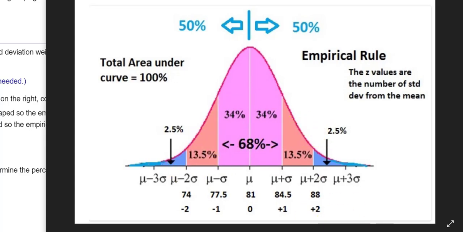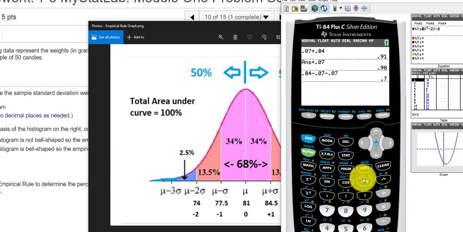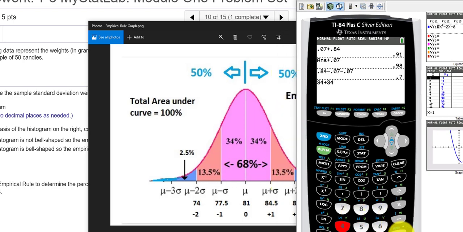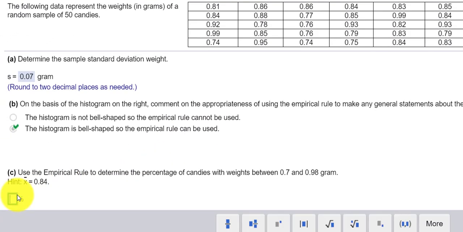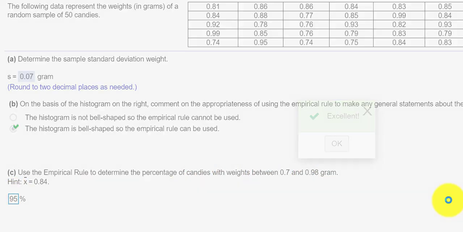So if you add the 34%, let's just do 34 plus 34, that's this number, plus 13.5 twice, you see we get 95%. So 95% of our data, the weights of our candy, would fall in between 0.7 and 0.98. We get an excellent.